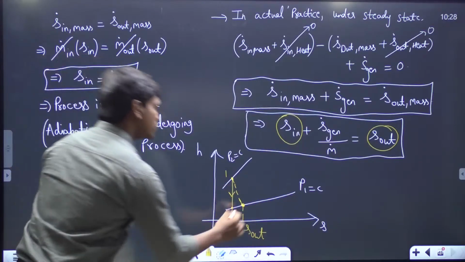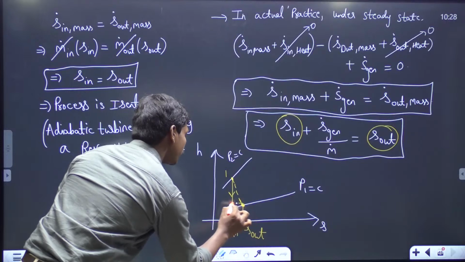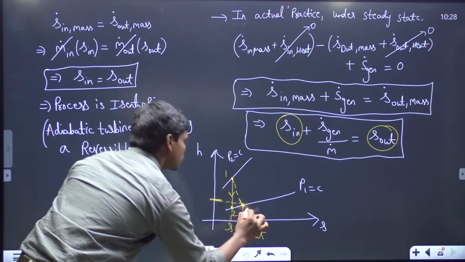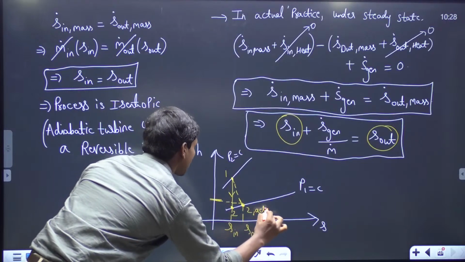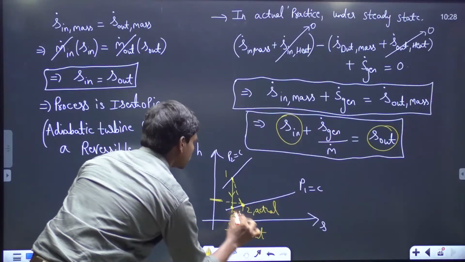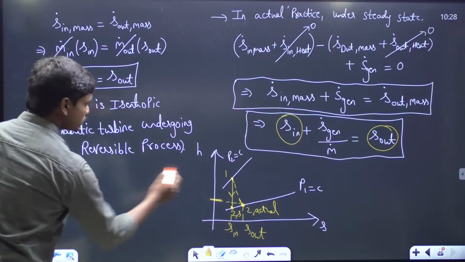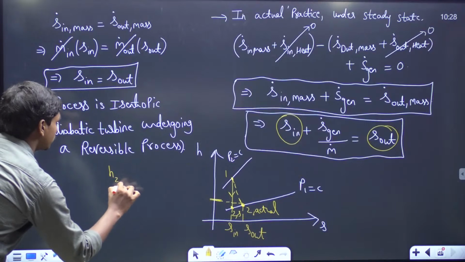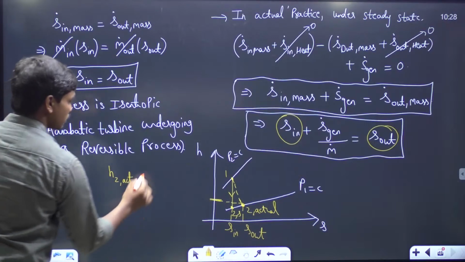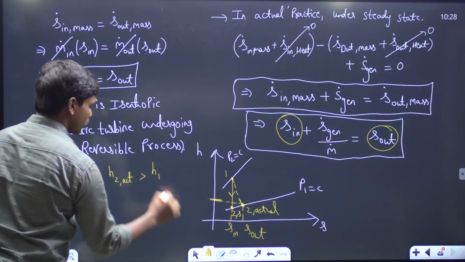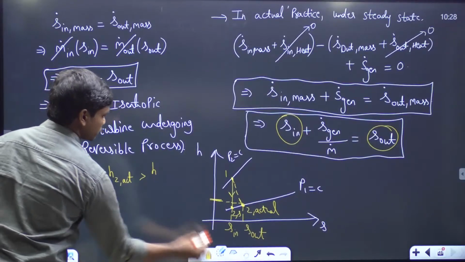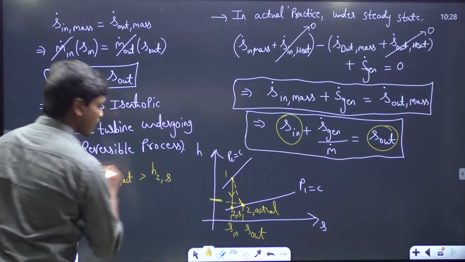Okay, so now you see there is a small difference between these two values, correct? This is 2 actual case, and this is of course the isentropic case. So now you see, H2 actual is greater than H2 isentropic, correct?